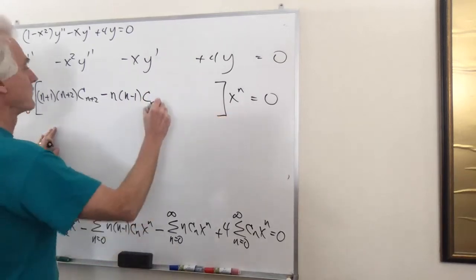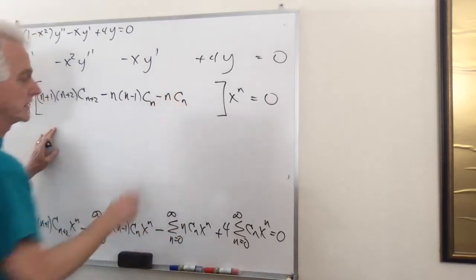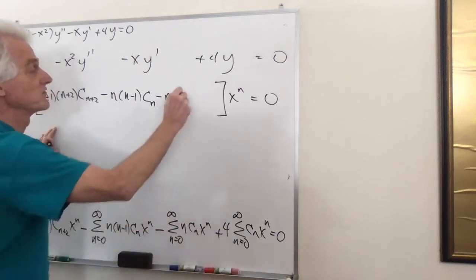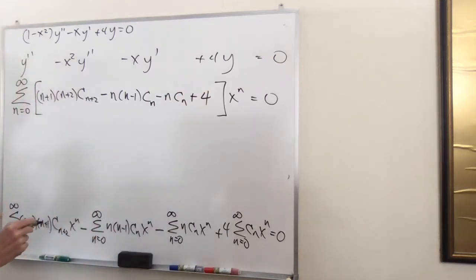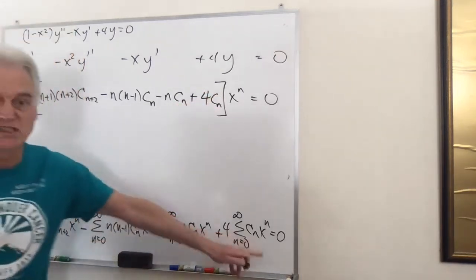And then I have minus n times cn. That takes care of that term. Then I have a plus 4 times cn.